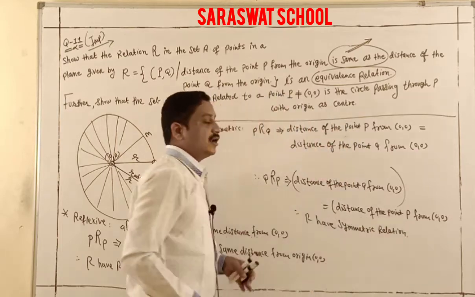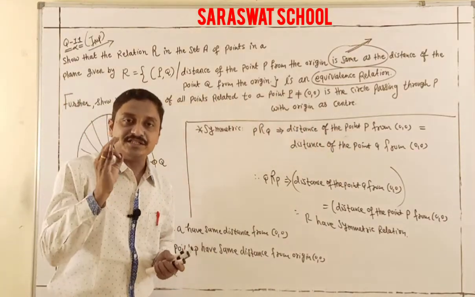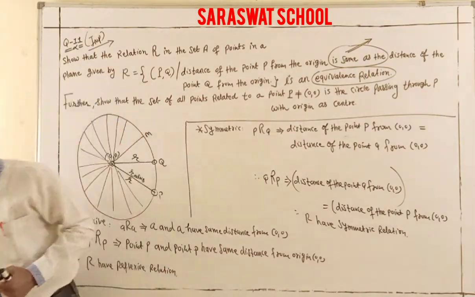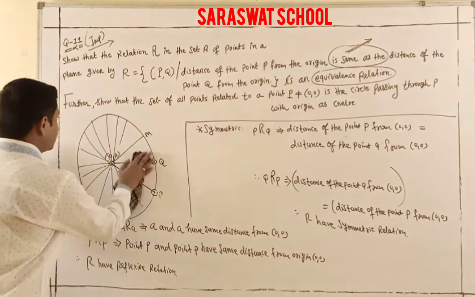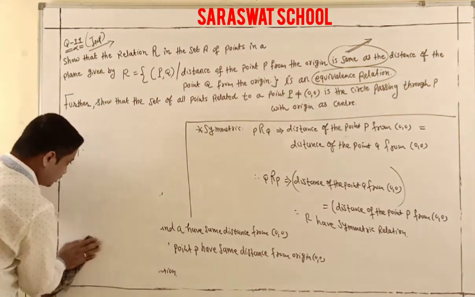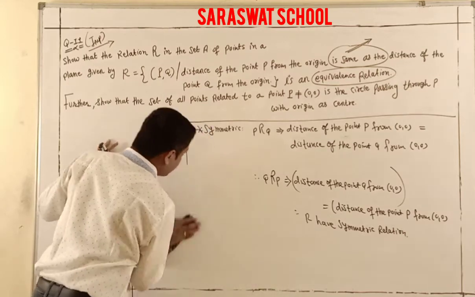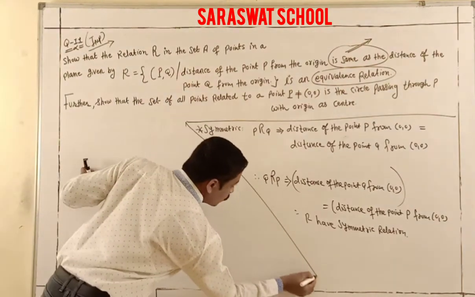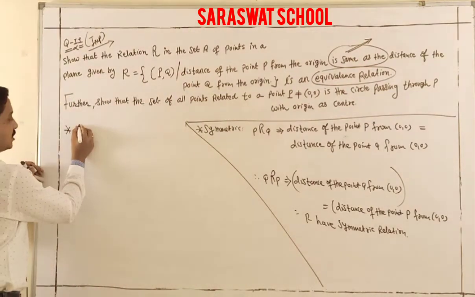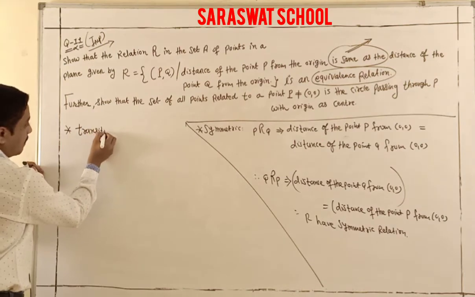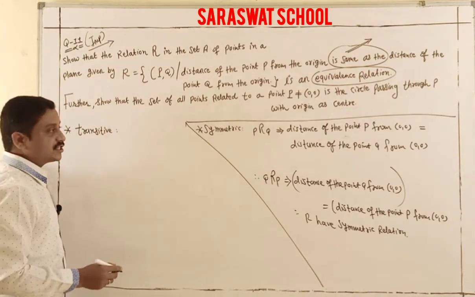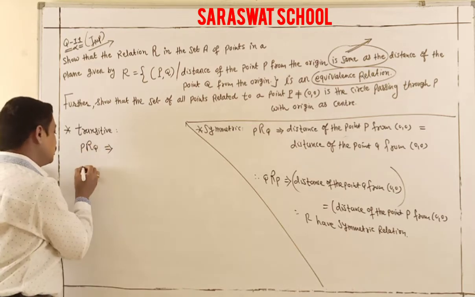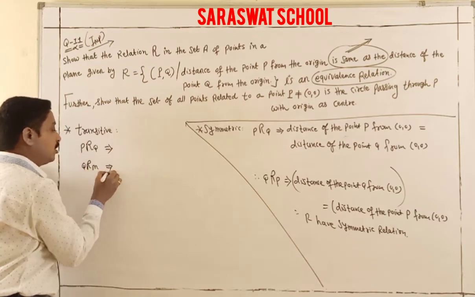Yes, students. Now further I am going to the transitive relation, and then we can say it is an equivalence relation. Our third case: case number 3, transitive relation. Students, in transitive relation, I check here P relation Q. After that, Q relation M. Already drawn and written.